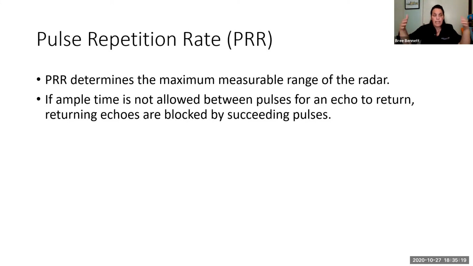But if you're never picking up things past 8 miles, or I don't know, 5 miles, I don't know what it could be, then you might want to check and see what your pulse repetition rate is and what the recommended pulse repetition rate is per your operating manual.